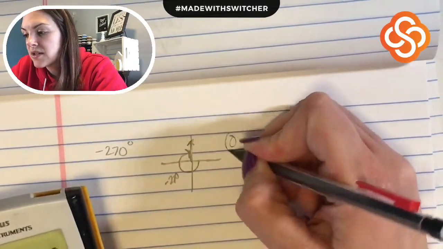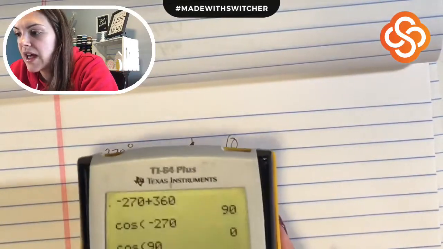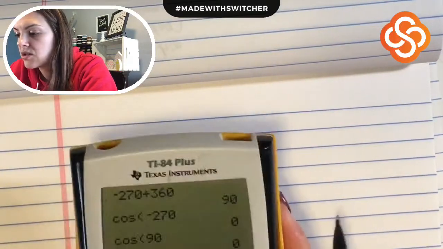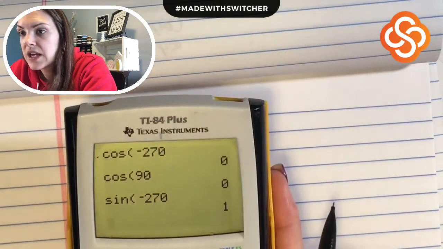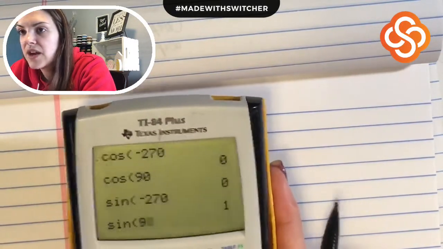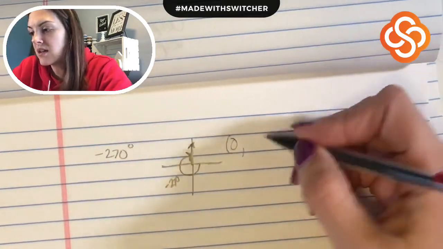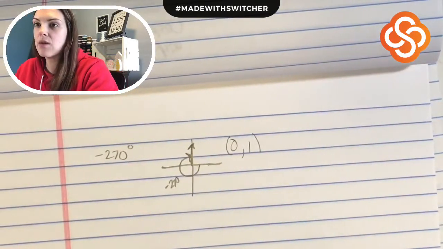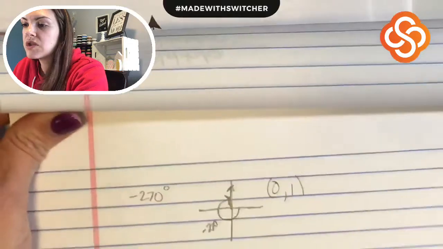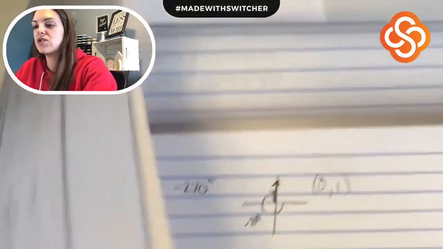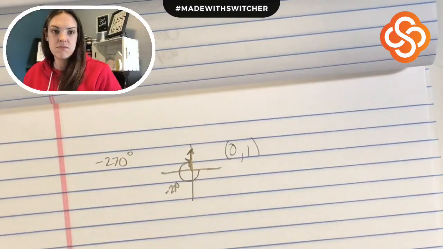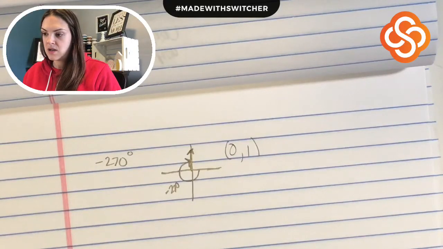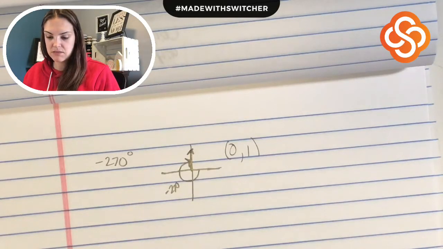So 0 is going to be our first coordinate, and then when we do the sine of negative 270, or the sine of 90, we get positive 1. So no matter what we use, we just want to be careful about our rotational diagrams. Sometimes the negatives are a little bit tricky.